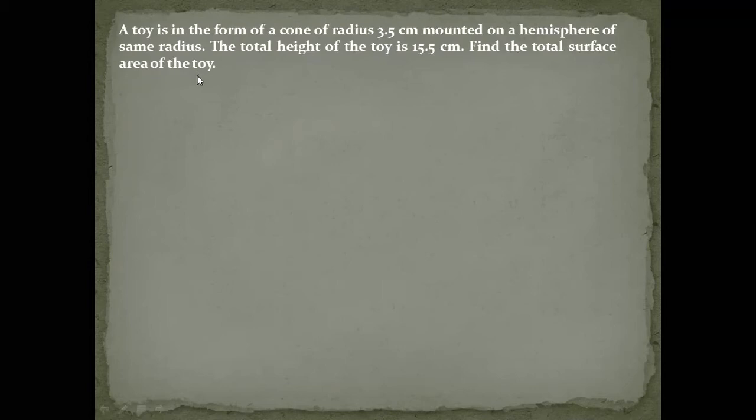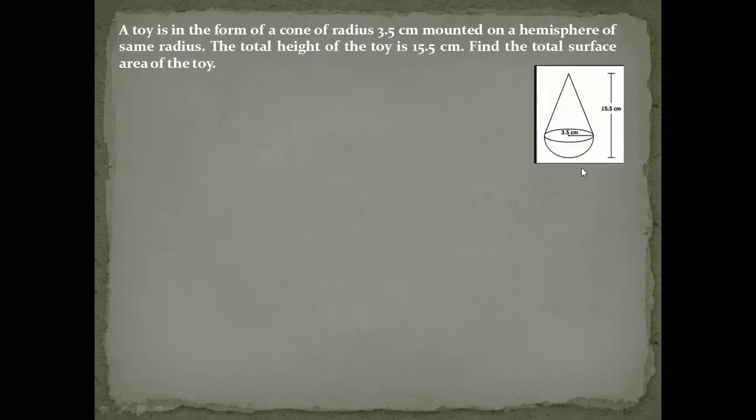So toy is in the form of, again, two shapes. One is cone and other is hemisphere, and hemisphere is mounted on cone. So let us draw first the diagram, and then we are going to solve the question accordingly.